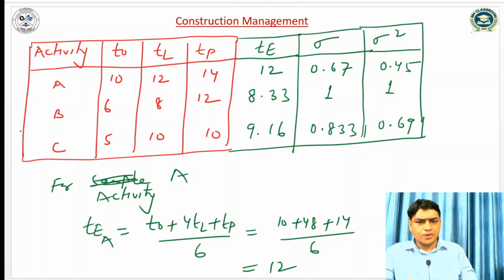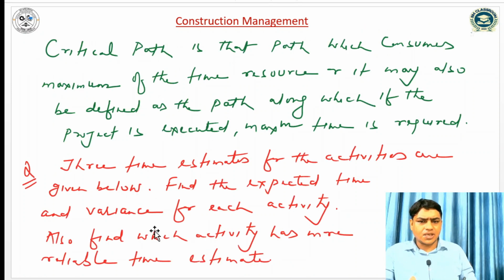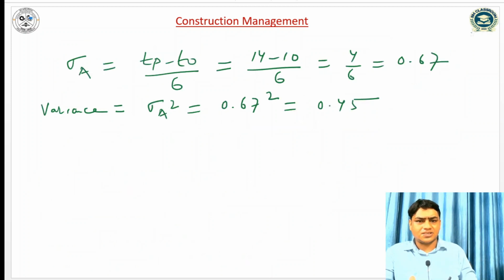So the first part we have completed. We have to compute the expected time and variance for each activity, and we have computed them. The second part asks which activity has more reliable time estimates.